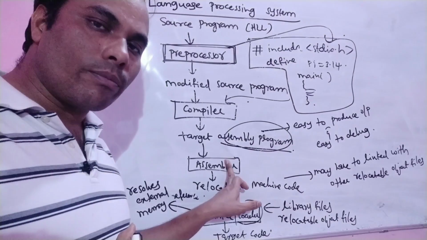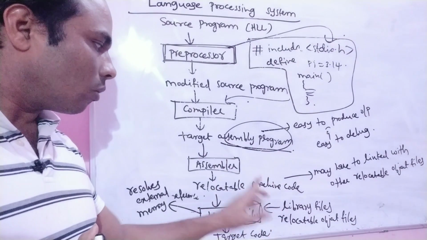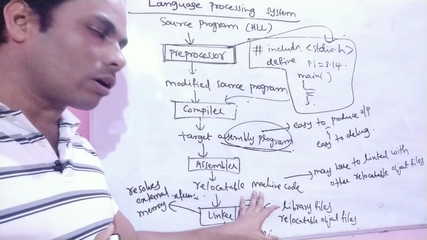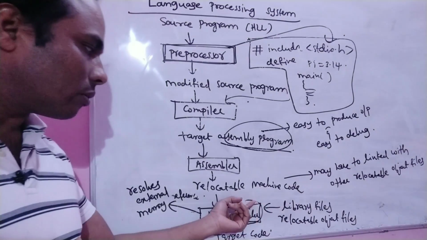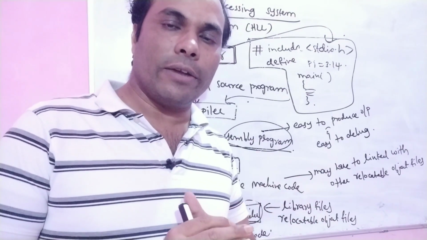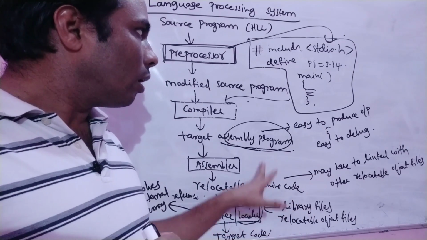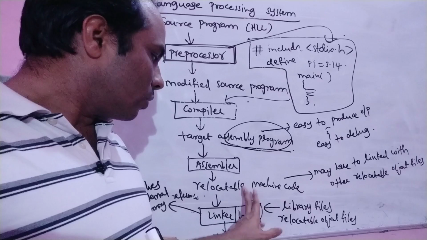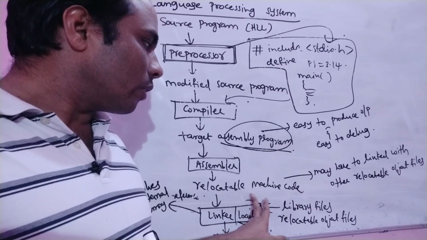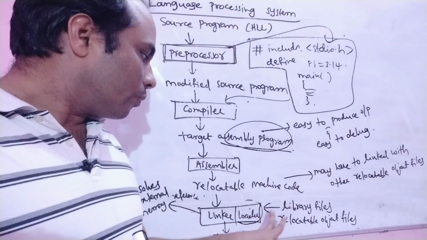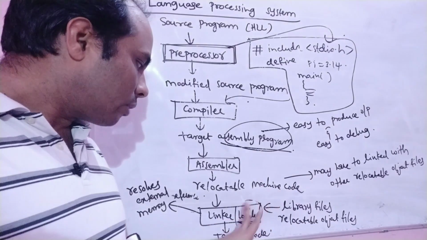The role of the assembler is to take the assembly program and produce as output relocatable machine code. What is relocatable machine code? Different pieces of code are there, all related to different modules. You get them into one piece, so that you can send this code to the linker.